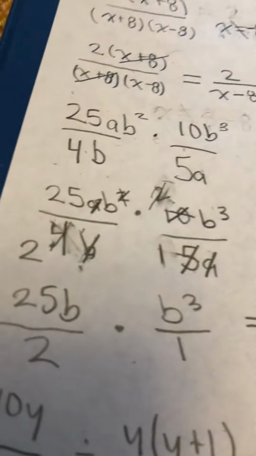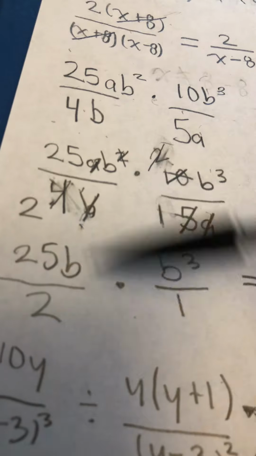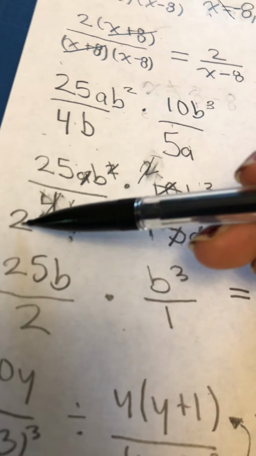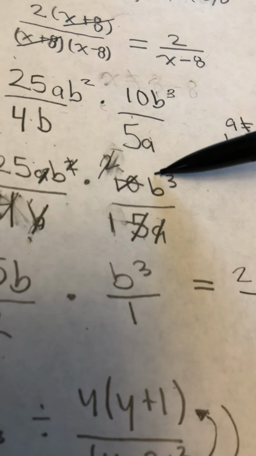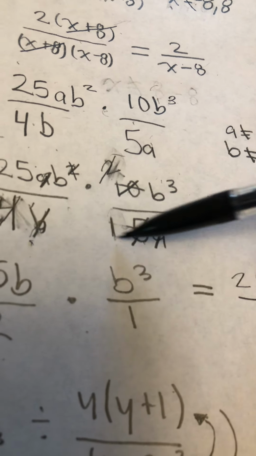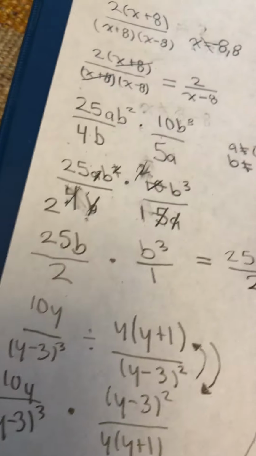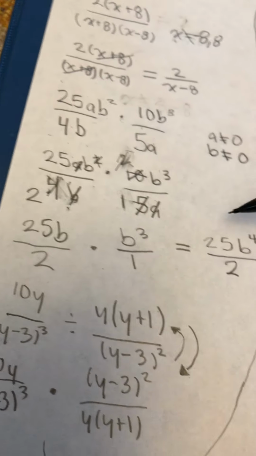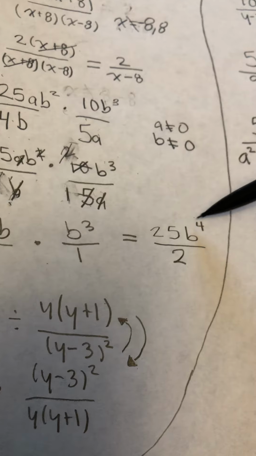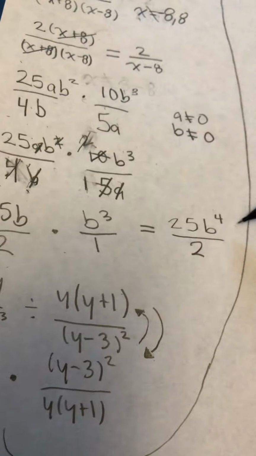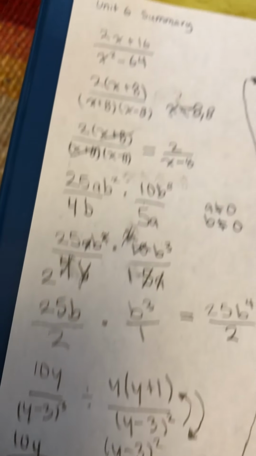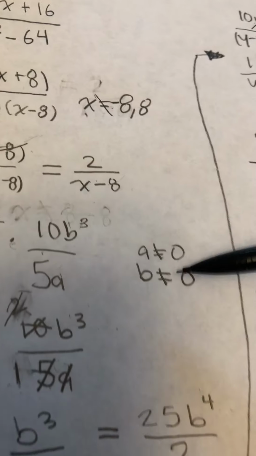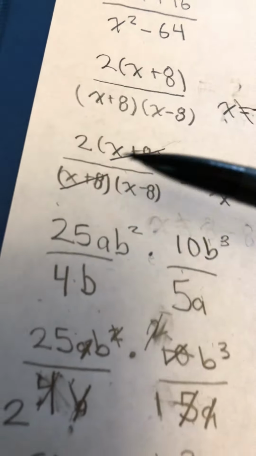And that looks like it's it, so then we would take whatever's left. So we've got 25 and a b, bring that down, over 2, b cubed, and over 1. Now we just go across, we've got 25 b to the power of 4 over 2. So that's our answer. But we don't want to forget about our non-permissible values.